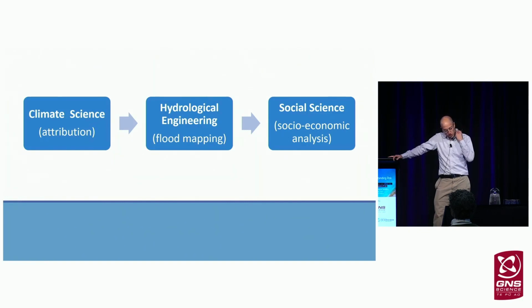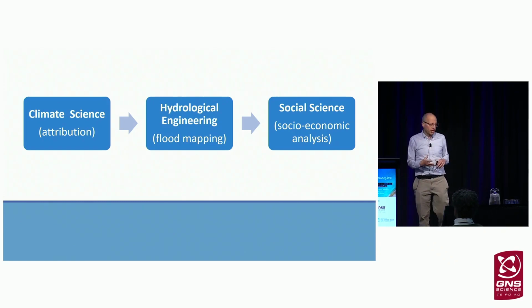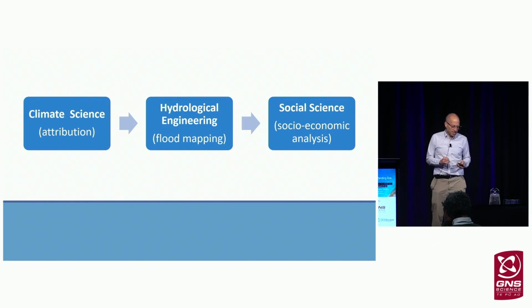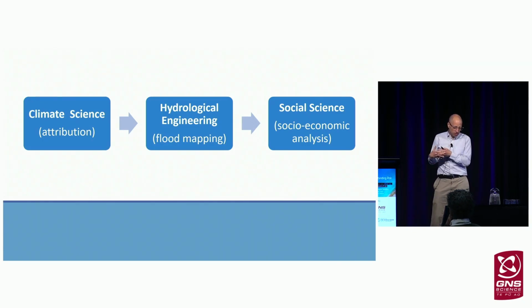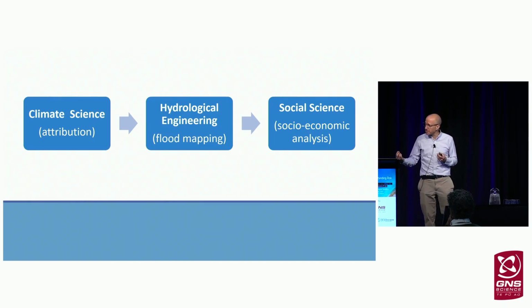Anyway, what we're doing in this paper, we're using that attribution exercise on Hurricane Harvey, which I'm going to explain in a second, in as much as I know about it, and then match that with hydrological flood modeling for the city of Houston, and then using that with some socioeconomic data to say something about the distribution of climate change impacts in the city of Houston during Hurricane Harvey.